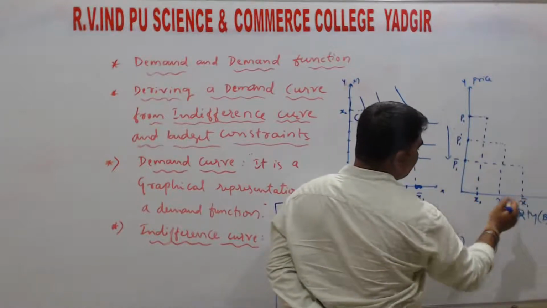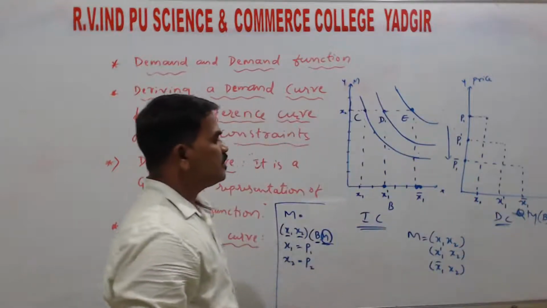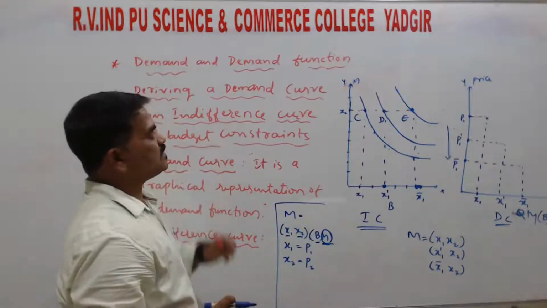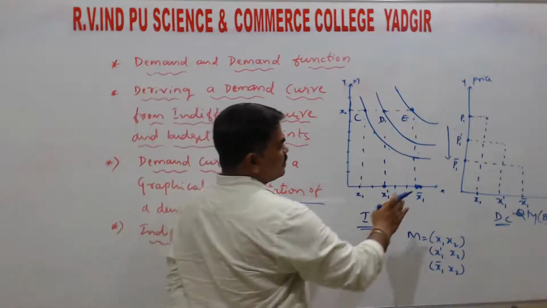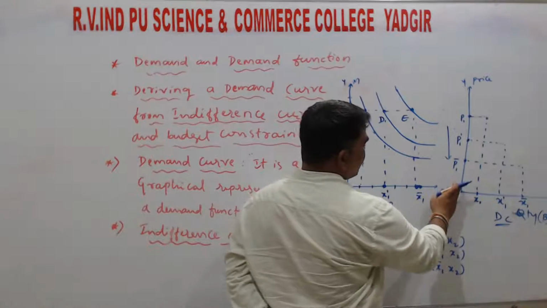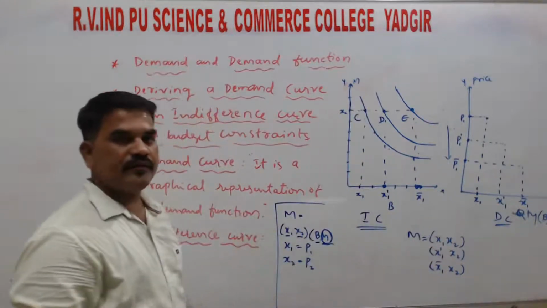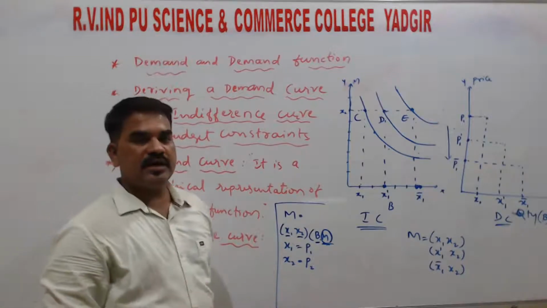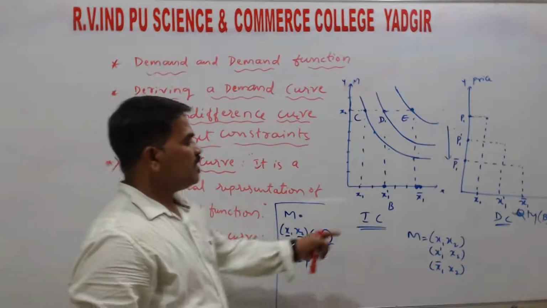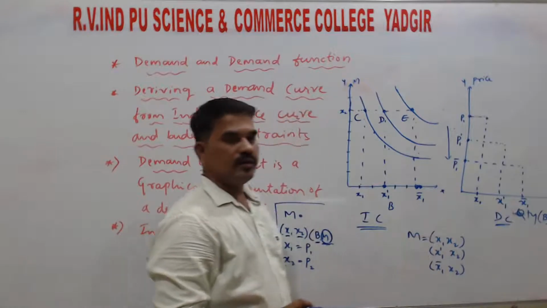What we need to understand here is that when there is a reduction in the price, the quantity increases. That is what the demand curve says. When there is a decrease in the price of the good, the quantity of the good will increase. That is why we say there is a negative relationship between price and quantity of the good.